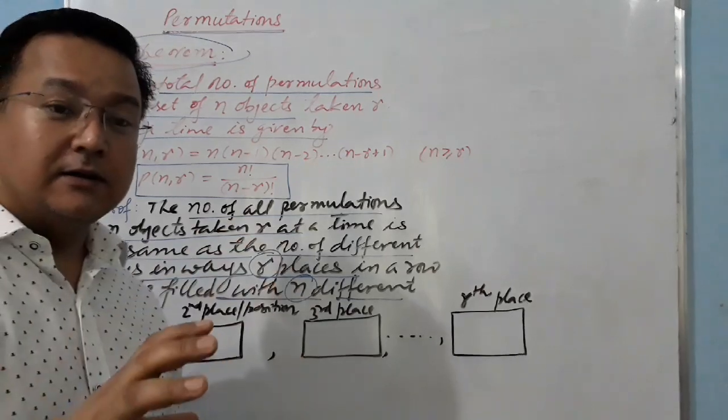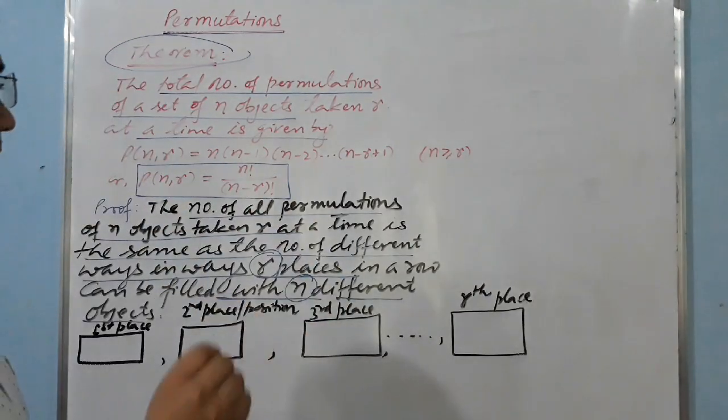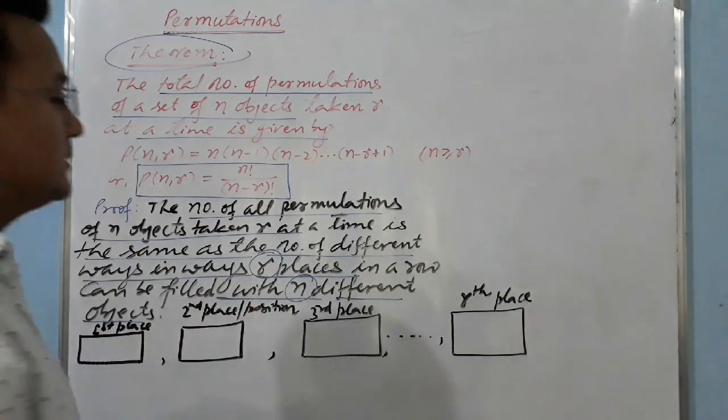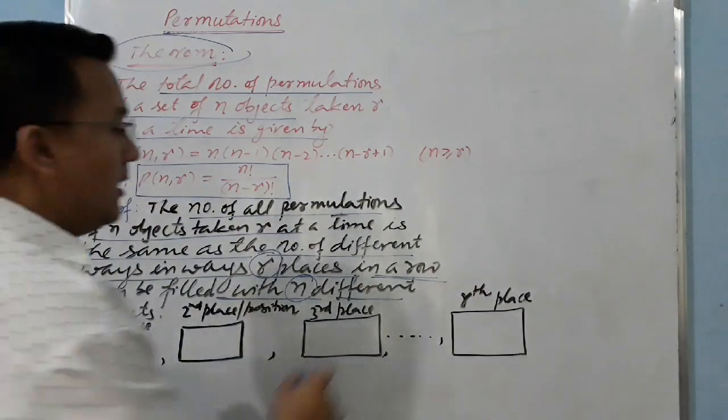Because for a circle there is a different theorem for arrangements of objects in a circle. That's why we have used here "in a row". So this is an important phrase, in a row.